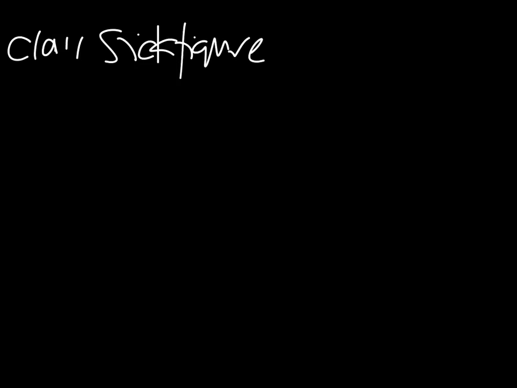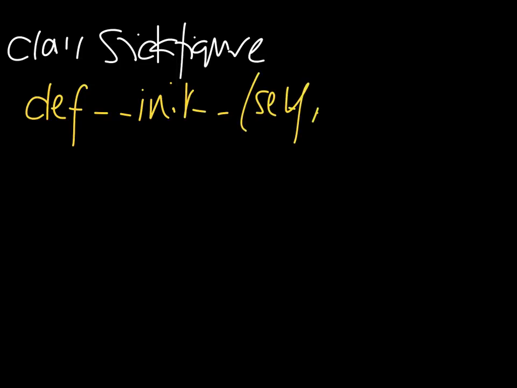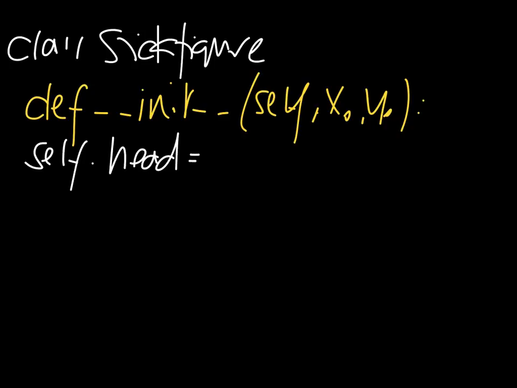Right, so we have my double underscore init double underscore, the word self, and comma, x0, y0, colon. And inside here, I'm going to write self dot head equals circle.